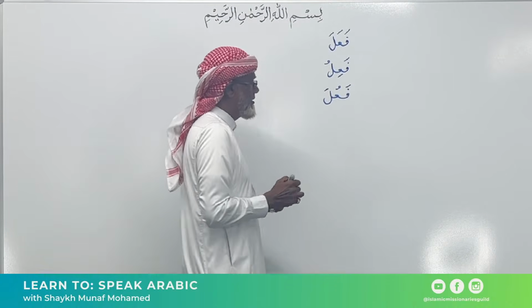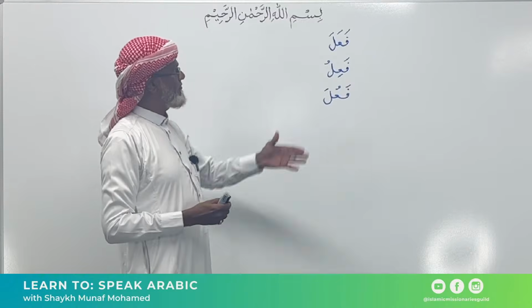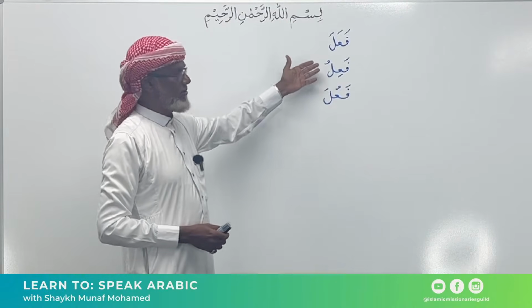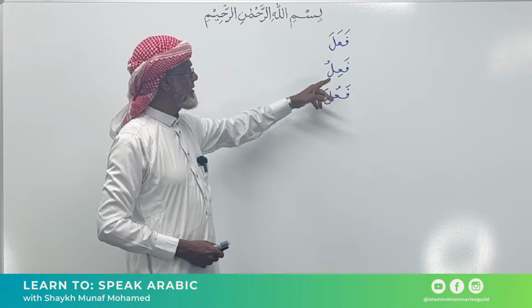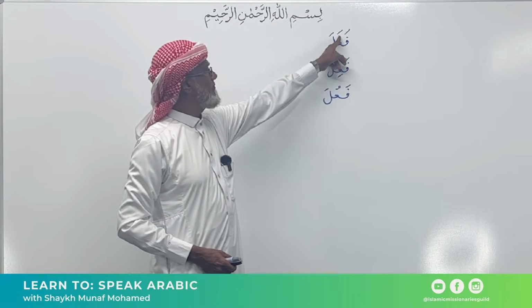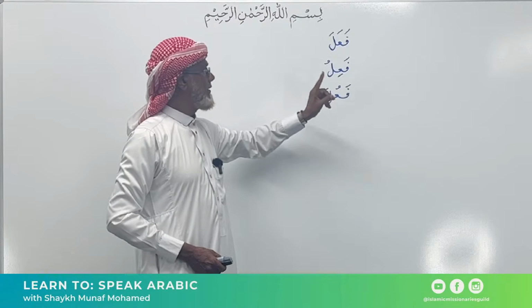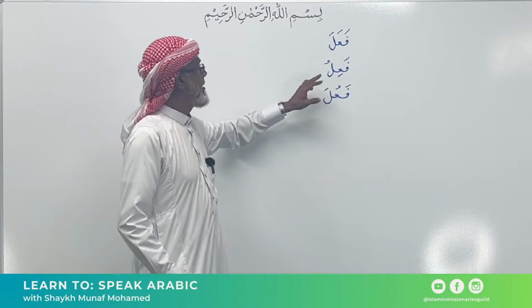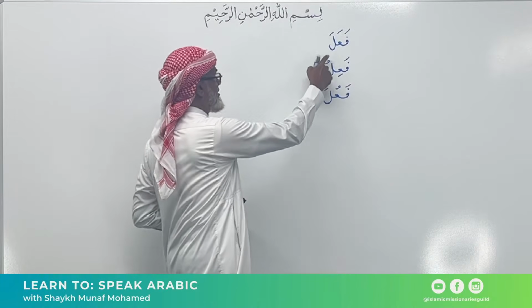The difference between the three combinations is that the middle letter could have a fatha, a kasra, or a dhamma. Here is also a fatha, my mistake.